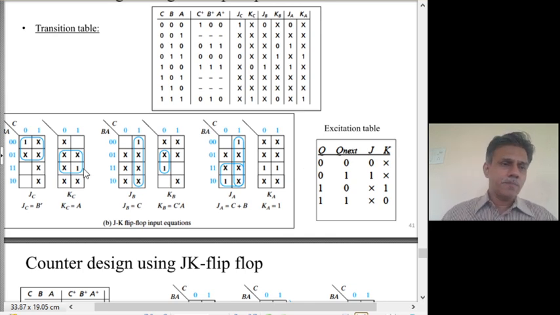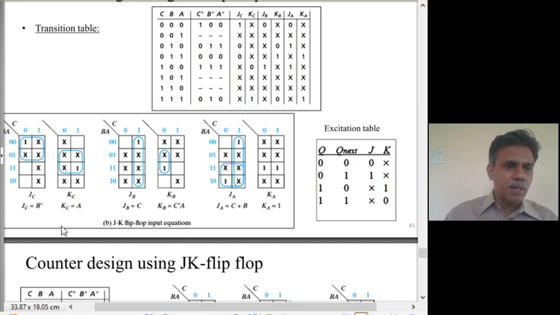Now, reduce it. If you look at this one, these are all zeros. So, do not worry, you have to only cover ones, but try to cover them using the largest group to get a minimal expression. If you cover, you will get B bar.